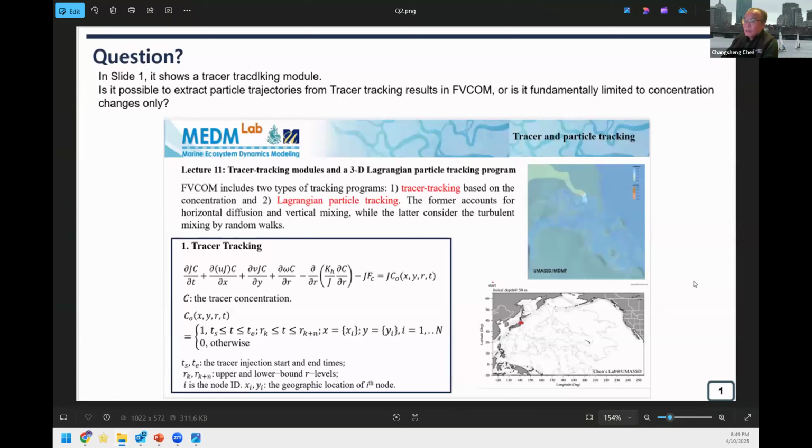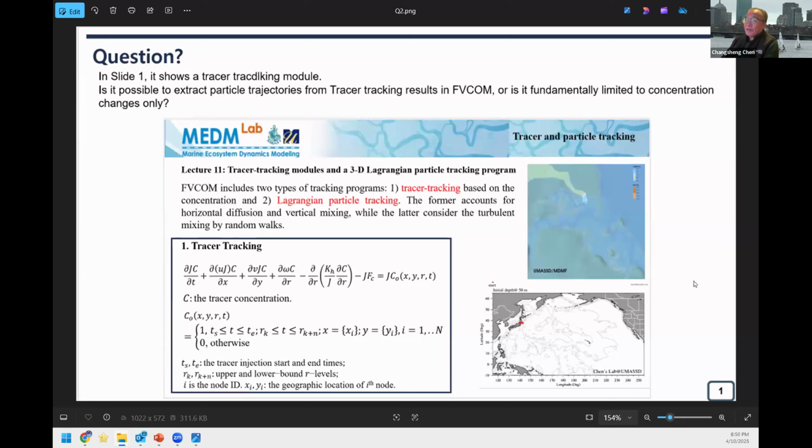Tracer tracking is about concentration. The particle is treated like a tracer, moving only with the u and v velocity, or w in three dimensions. They move as vectors. But the tracer equation is a concentration that includes mixing. They are different.